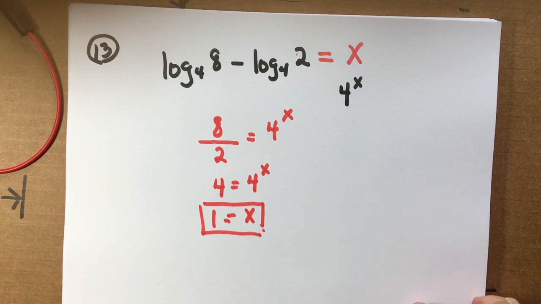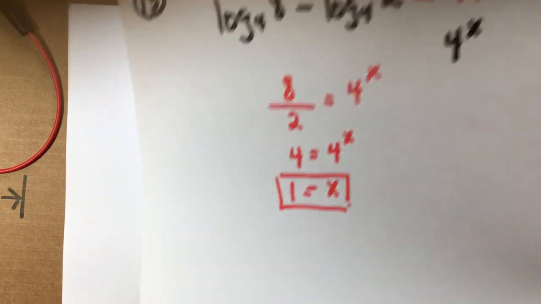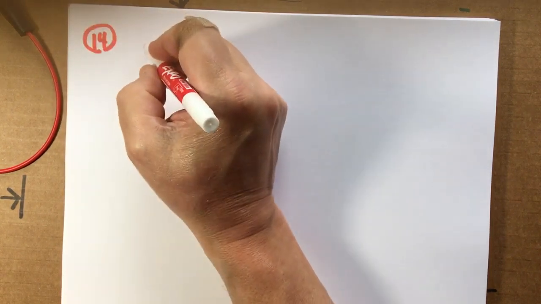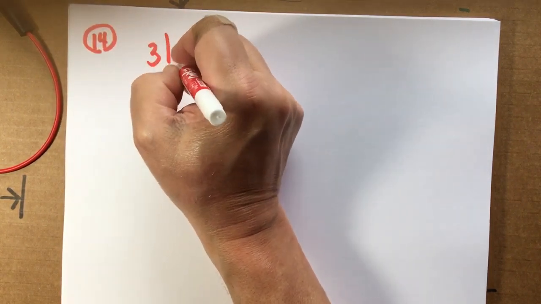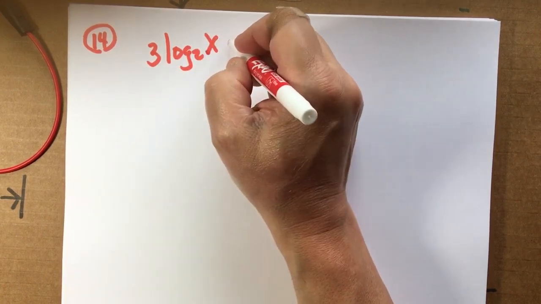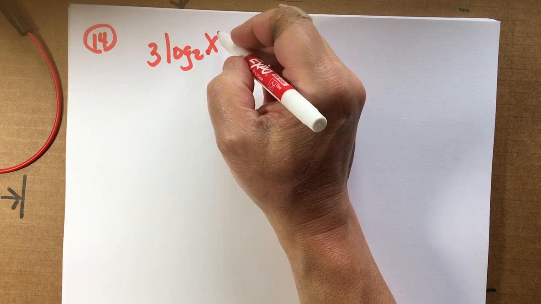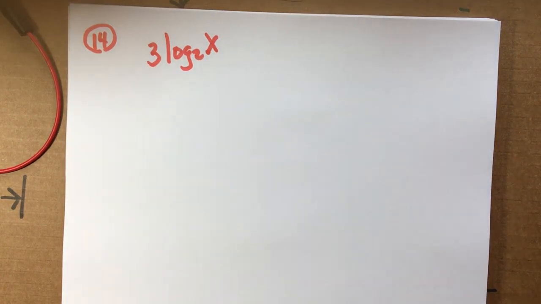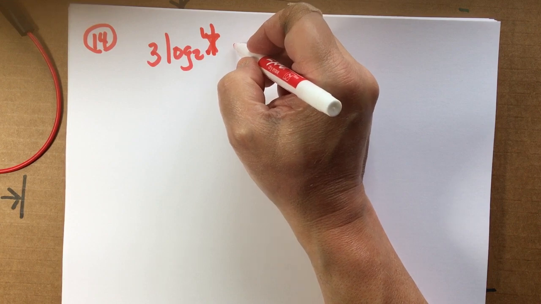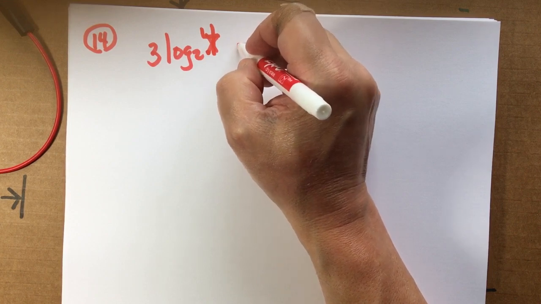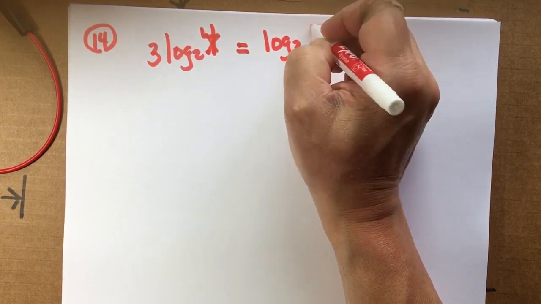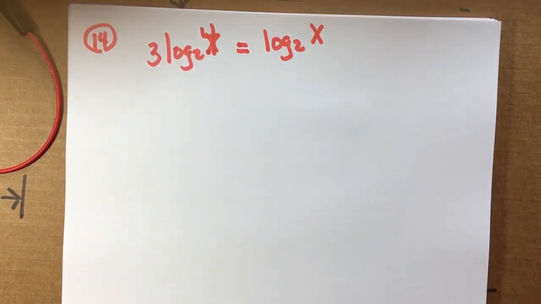Okay. Let's try one more. 14. Number 14 says 3 log base 4 of 2 equals log base 4 of 2x.